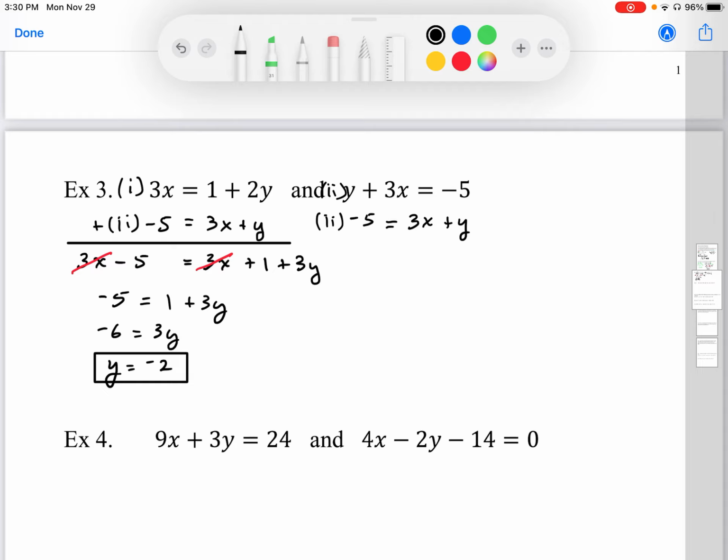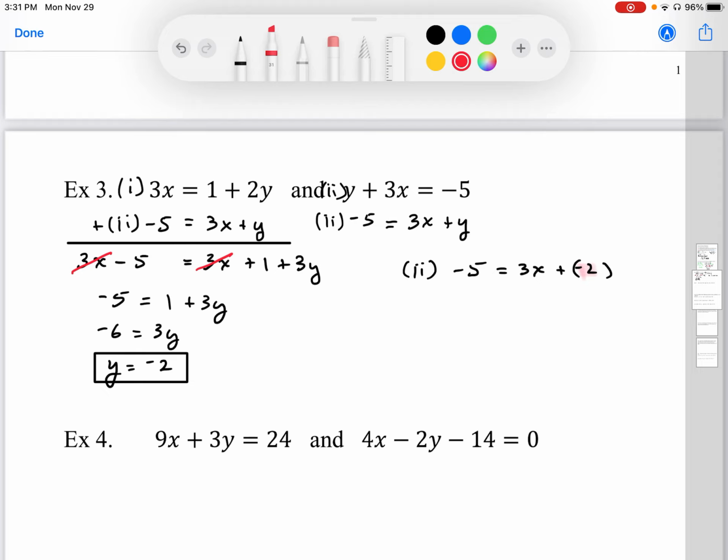And again, I can solve for x by plugging back into either equation. So I'm going to take equation 2 here. So negative 5 is equal to 3x plus negative 2. That's what I've solved for y. I'm just going to highlight that.